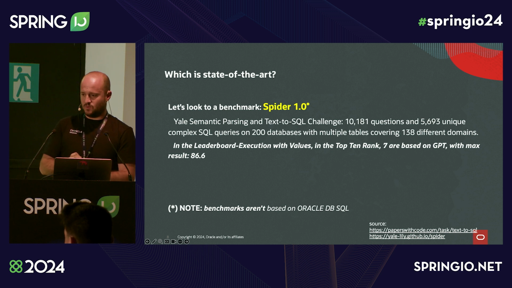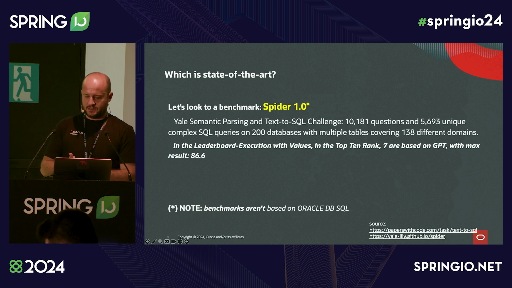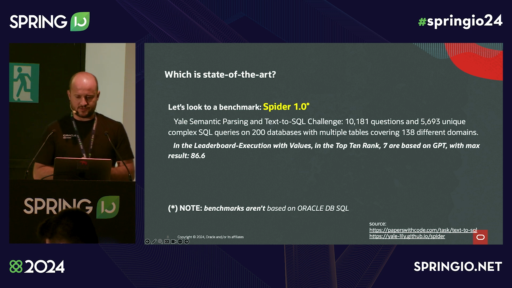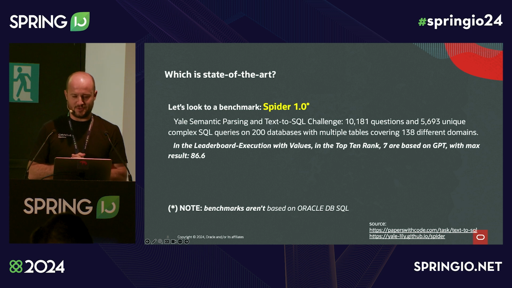The biggest one for text-to-SQL is Spider. If you search for Spider, the text-to-SQL challenge, it will come up, and there's an interesting paper on that. The link is down there as well. You can take a screenshot if you want.